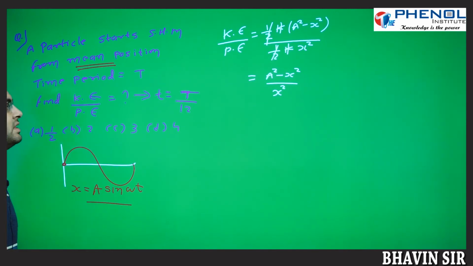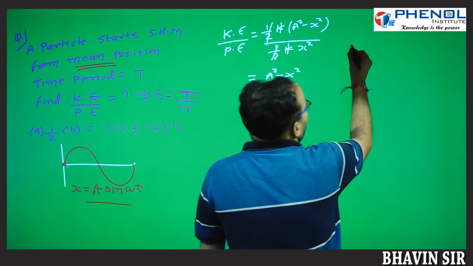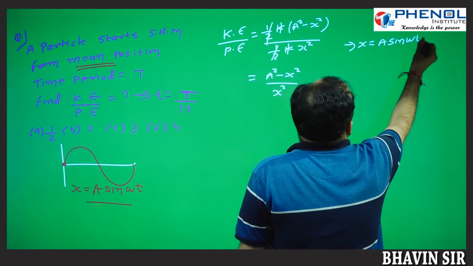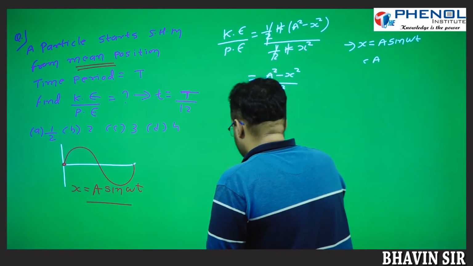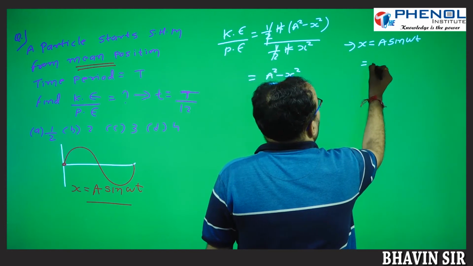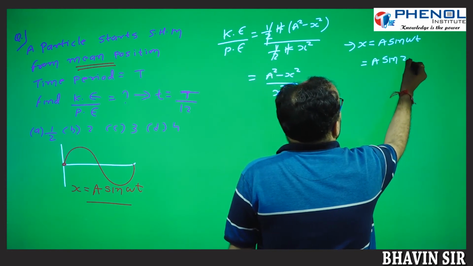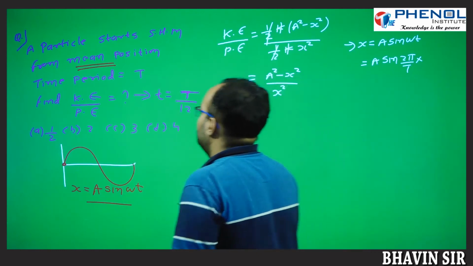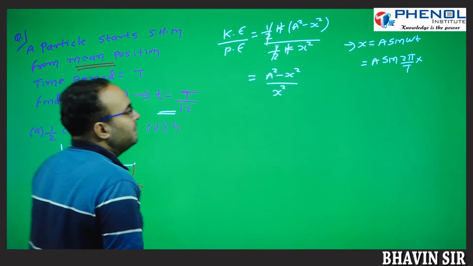Now students, again we want to obtain the relation between x and A. So again use x equals A sin omega t. What is omega? 2 pi by T. What is time? Time is T by 12.